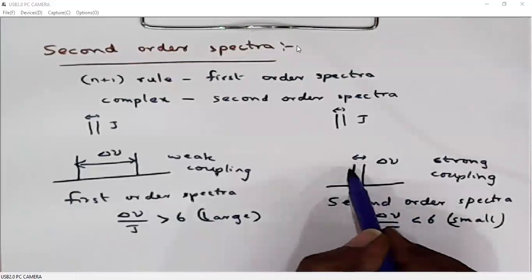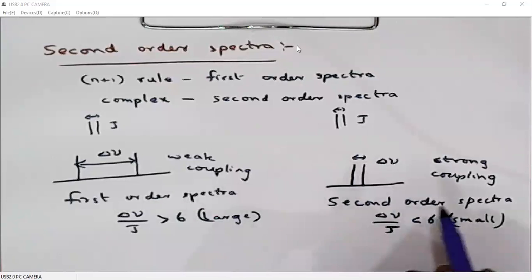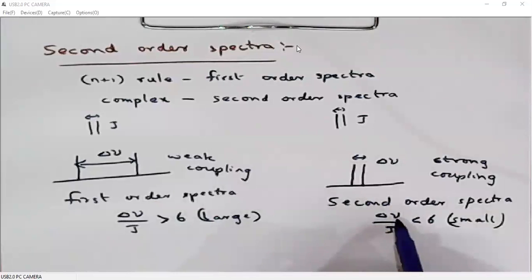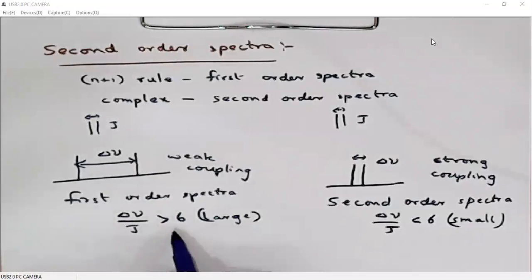If the delta difference between two signals expressed in hertz divided by J value is less than 6, it is second order spectra. Even this 6 is not a constant value. It may change also. It depends on a particular compound.